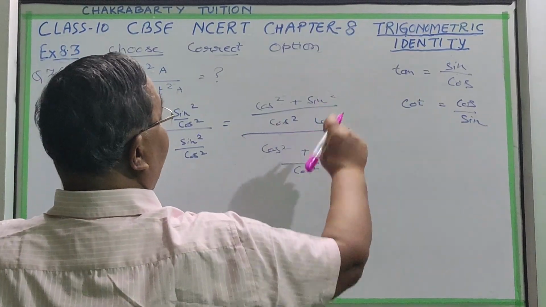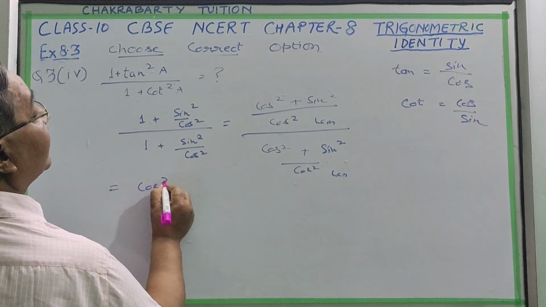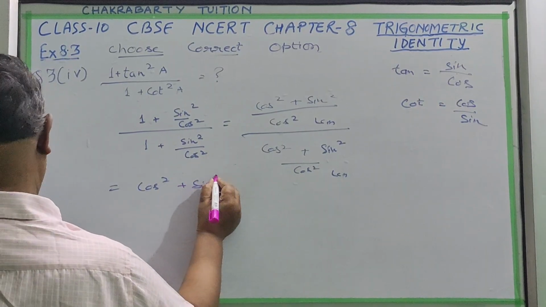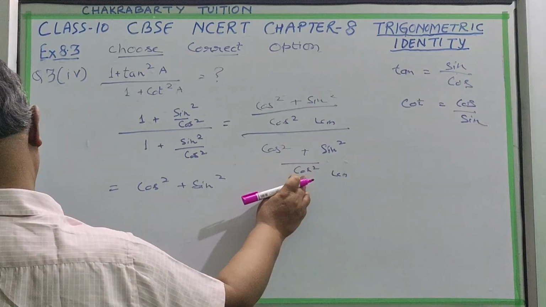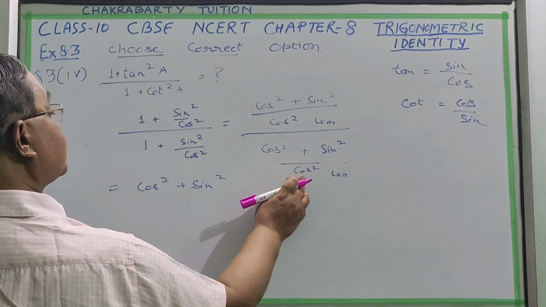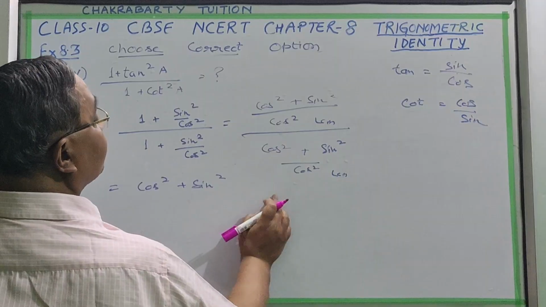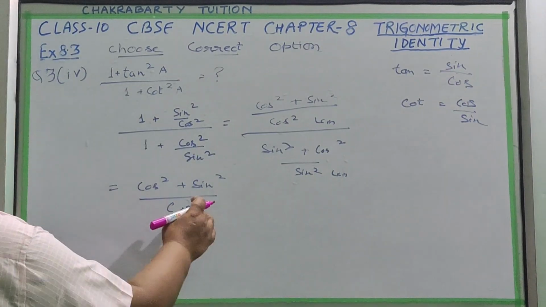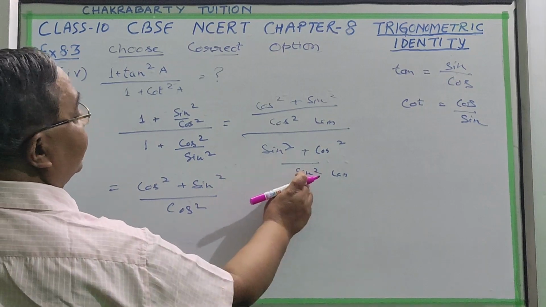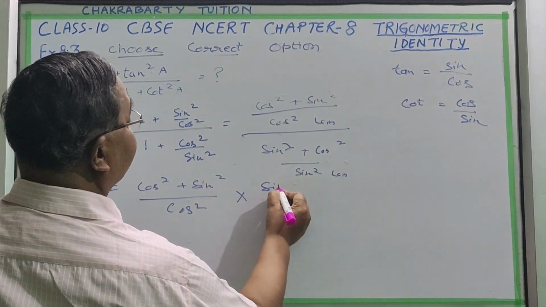Now this we will take to the upper side, it is in divide position, so we take it in multiply position. So what will happen?